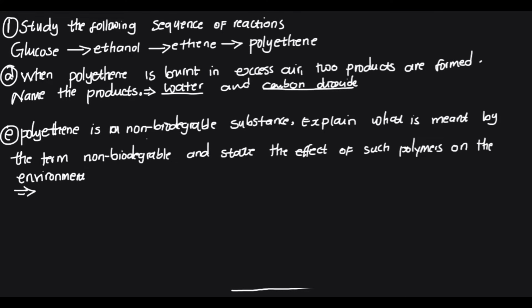Even if bacteria are present, their effect of decomposing them into manure or other waste products cannot break these substances, such as plastic. No matter how long you've buried a plastic, you find that the plastic will remain like that, it doesn't decompose. So that is an example of a non-biodegradable.